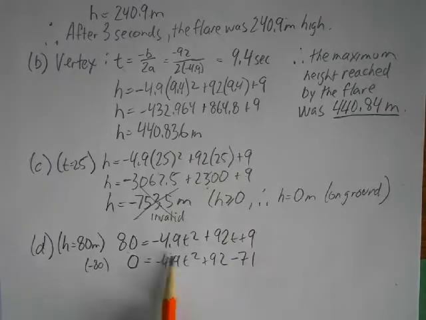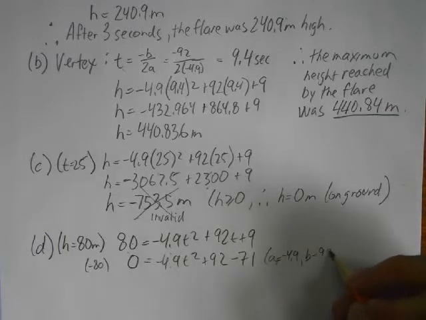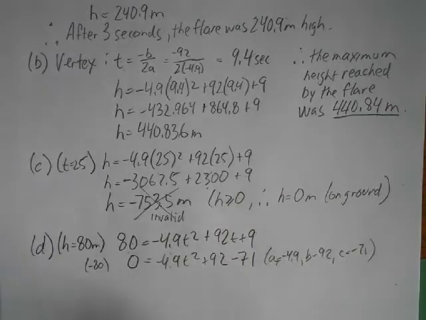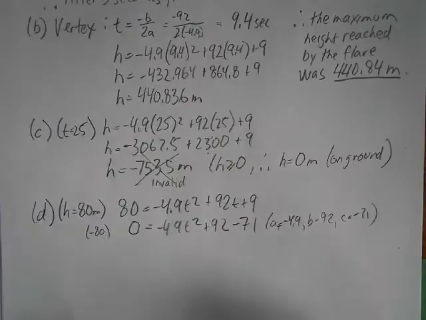Now I've got my values of A, B, and C. A equals negative 4.9, B equals 92, C equals negative 71. I can now plug those into the quadratic formula and solve for t. Remember, I'm solving for t, not x.